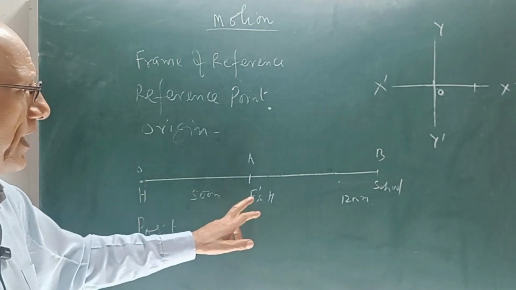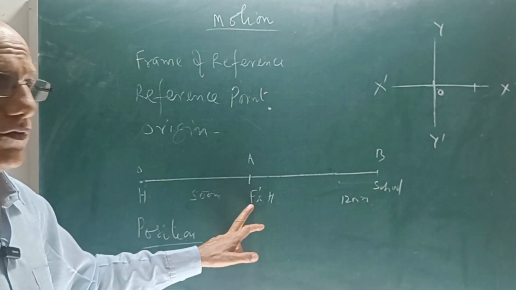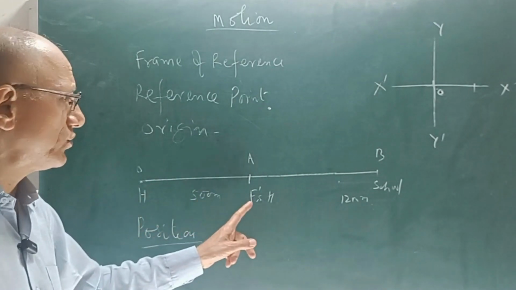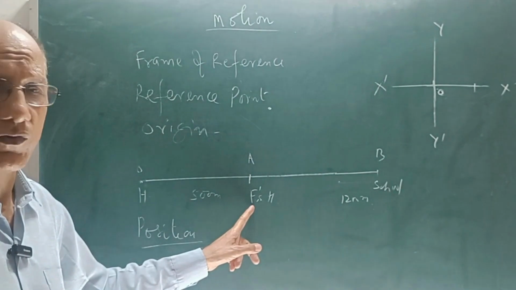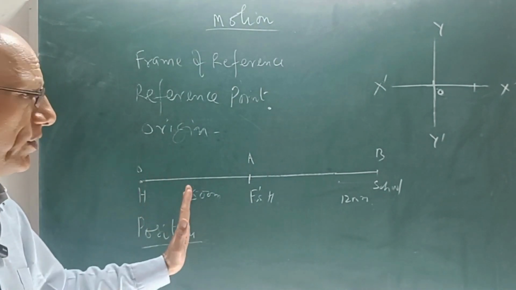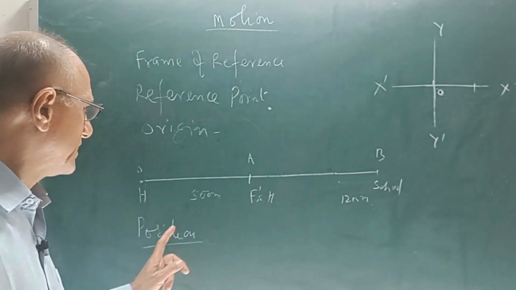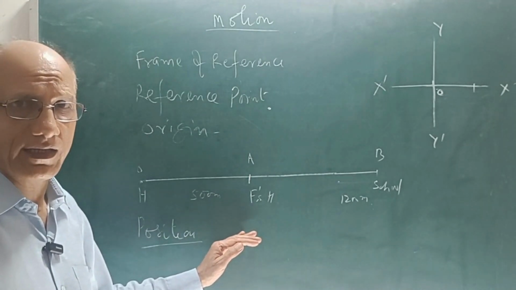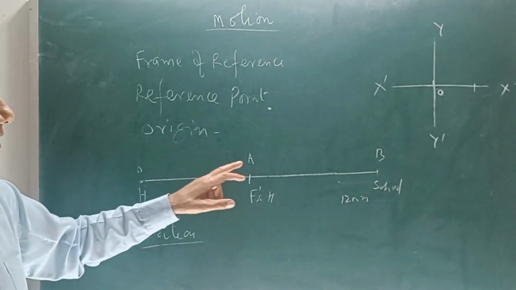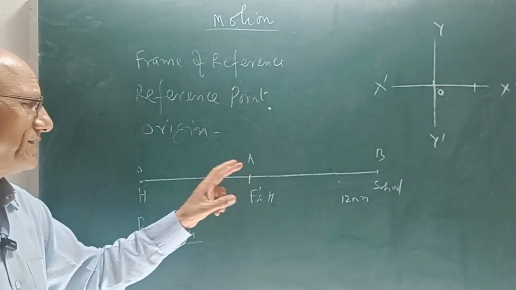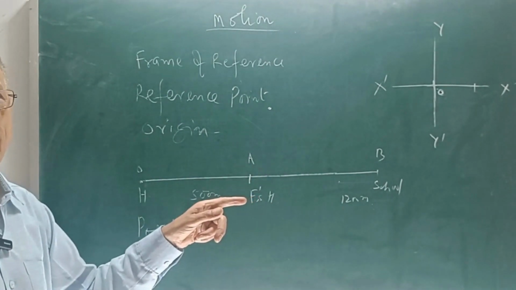Now when you start moving and your friend is waiting for you, when you reach him, that means at the location of your friend's house, then your position is 500 meter. Initially, when you are at home, the position of your friend was still 500 meter.